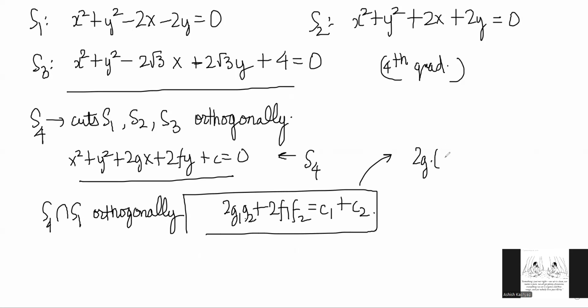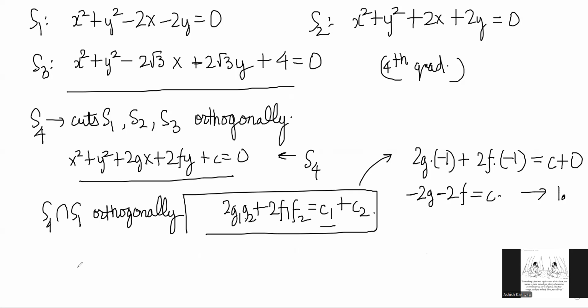So 2G into minus 1 plus 2F into F2 from here is again minus 1 is equal to C1 plus C2. So it is equal to C plus 0, right? So C here is C and 0 is the 0 here, right? So you are getting one equation, minus 2G minus 2F is equal to C. That is equation 1.